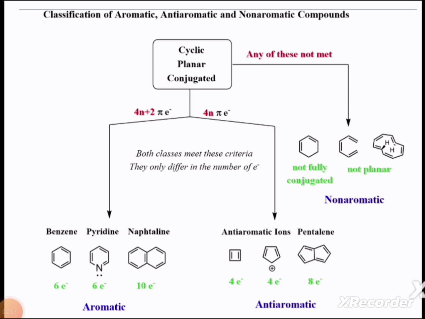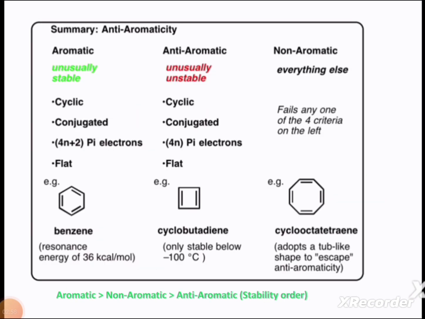In this context, benzene, pyridine and naphthalene, with 6 pi electrons and 10 pi electrons, are aromatic. Here we have 4 pi electrons, so these are anti-aromatic, 4n pi systems. Here, not fully conjugated, not planar, so these are non-aromatic.